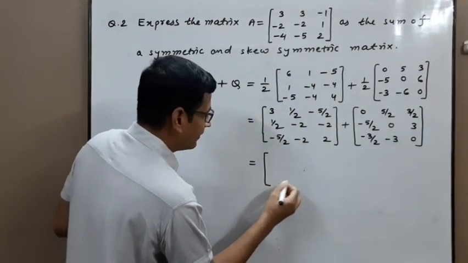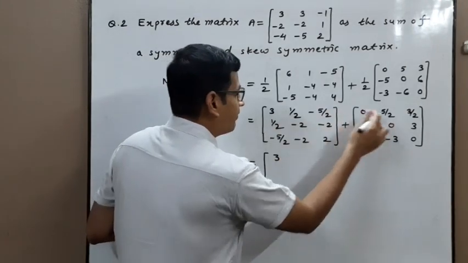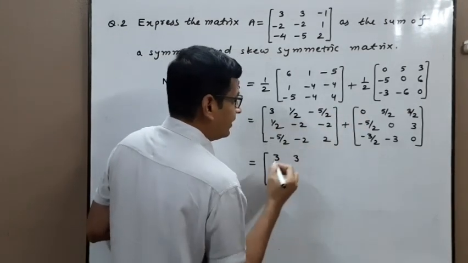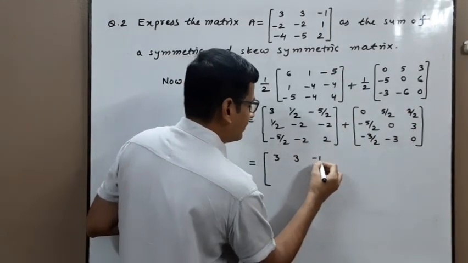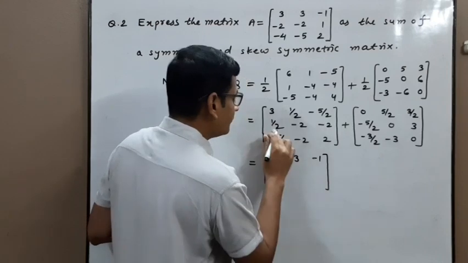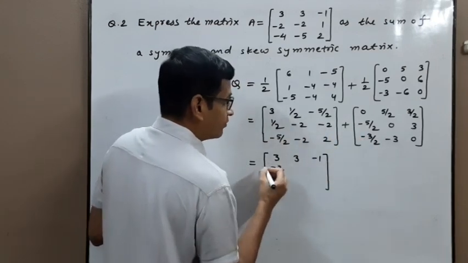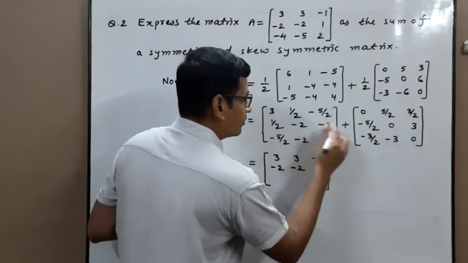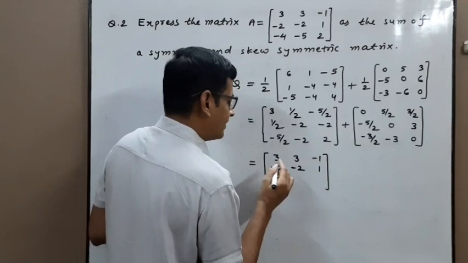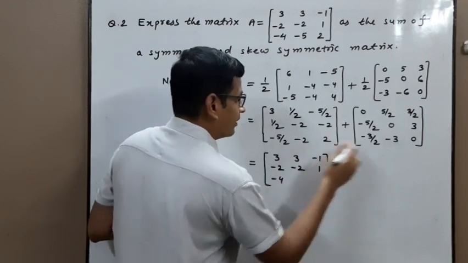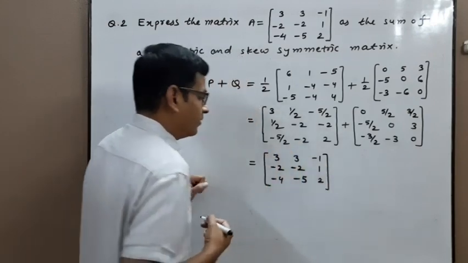Now add: 3 plus 0 is 3, half plus 5 by 2 is 3, minus 5 by 2 plus 3 by 2 is minus 1, 1 or minus 5 by 2 minus 4 by 2 means minus 2, minus 2, minus 2 plus 3 is 1, minus 5 or this minus 8 by 2 is minus 4, minus 5, and plus 2.